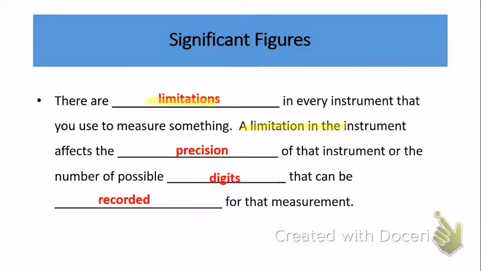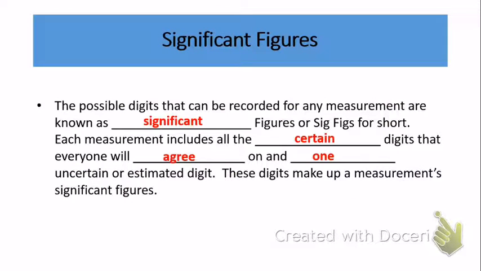Now, the limitations in the instrument affect what we know as the precision of that instrument, or the number of possible digits that can actually be recorded for that measurement. The digits that can be recorded for any measurement are known as significant figures, or for short, sig figs.